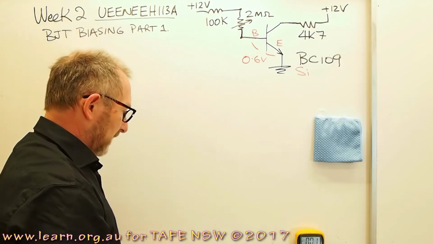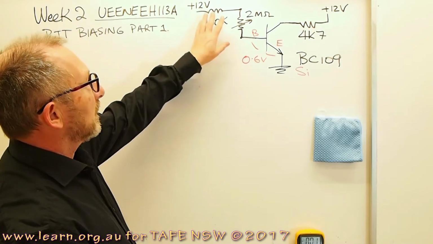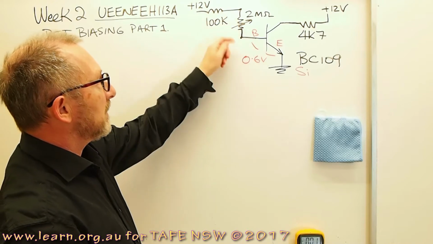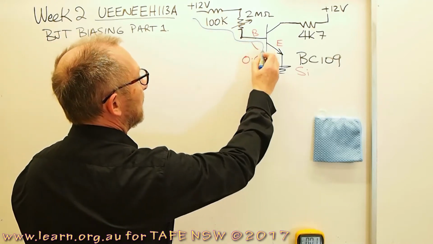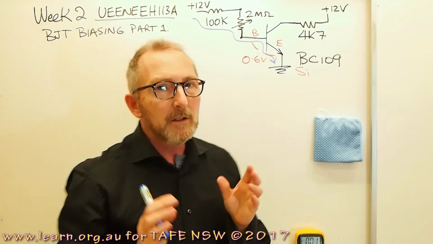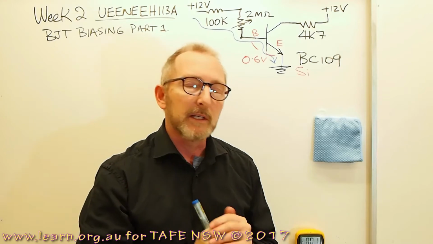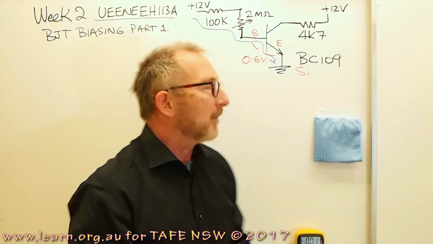So if we study this circuit, we've got 12 volts here, we've got a couple of different resistors in series, and ultimately we're going to have some current flowing down through the base to ground. We only need a really tiny current going into the base to make the transistor work, in the order of a few microamps perhaps.